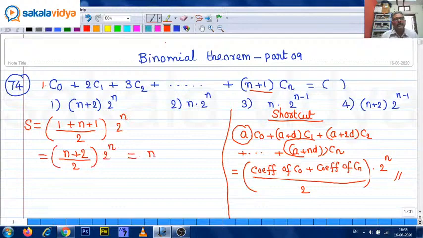This equals n plus 2 times 2 power n by 2, and a to the power of m by a to the power of n is a to the power of m minus n, so this we can write 2 to the power of n minus 1. That means the fourth option is the right option.